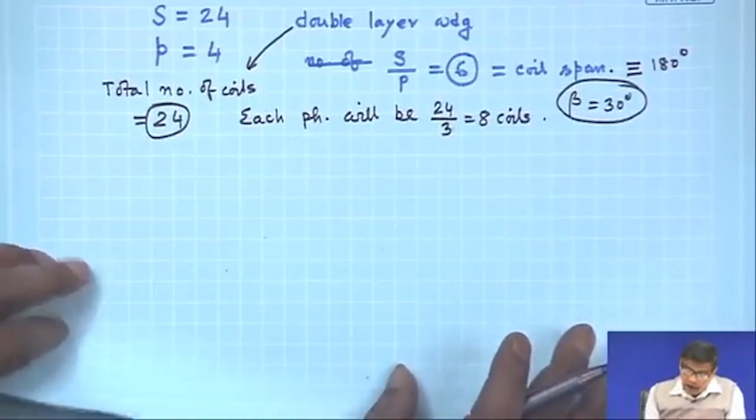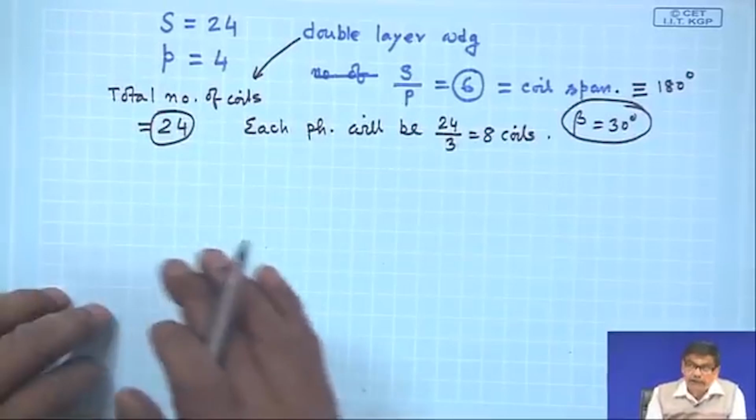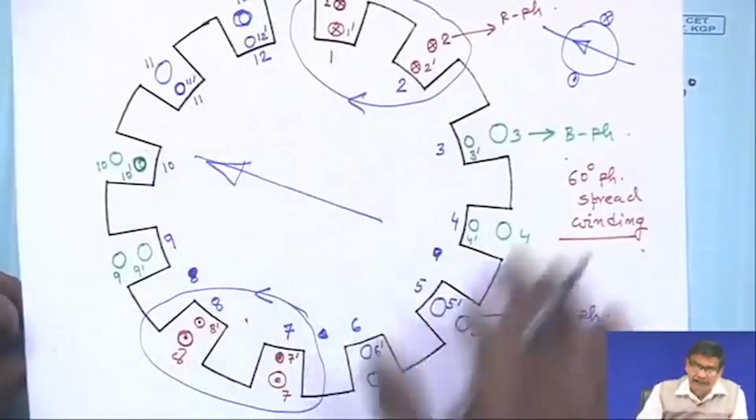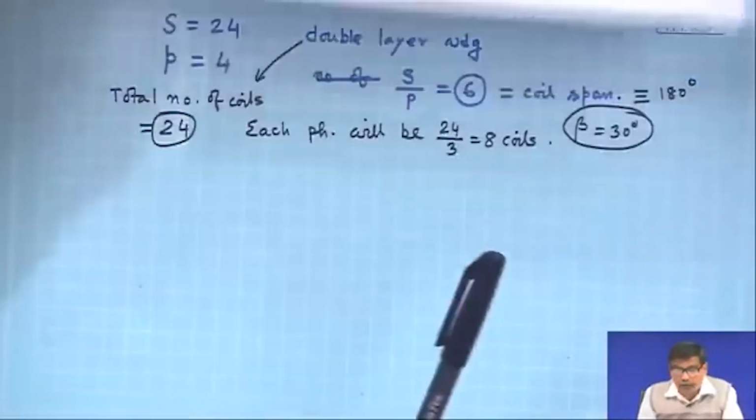Acha. Now, I will start the winding. This time, first what I will do is very simple, that is why I am telling. I will not first show these sections etc., but I know now it is 1, 2, 3, 4 up to 24.